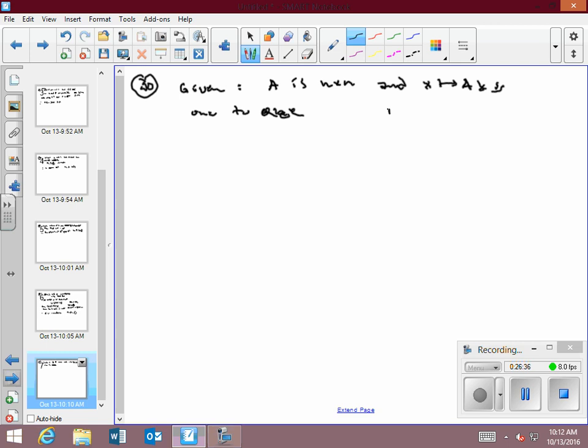Then this is actually theorem 8F is met. Notice that theorem 8F is saying the linear transformation x maps to AX is 1-to-1.